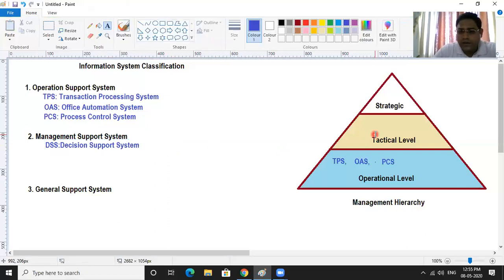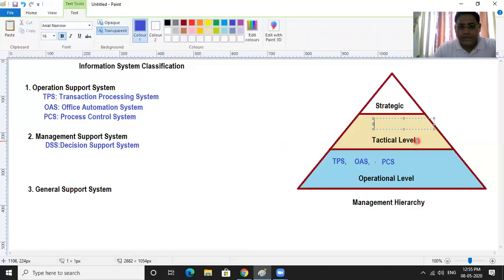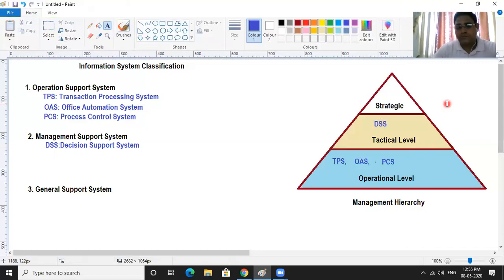It will fall in the category of tactical level. This is our decision support system, because here we are directly assisting our managers in their decision making. We will discuss this decision support system later in the third unit, I guess.